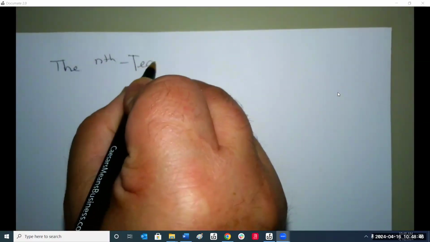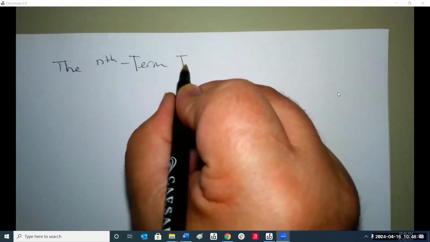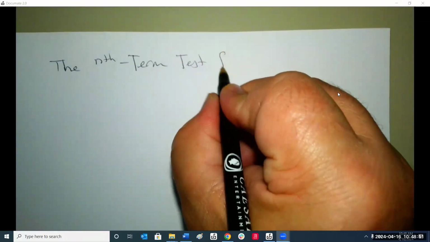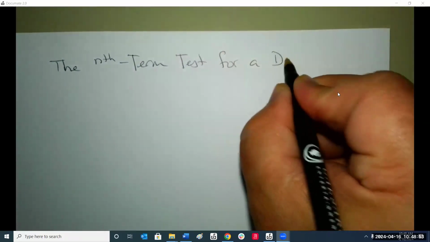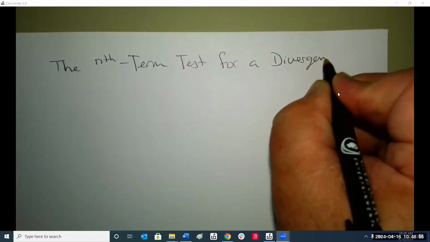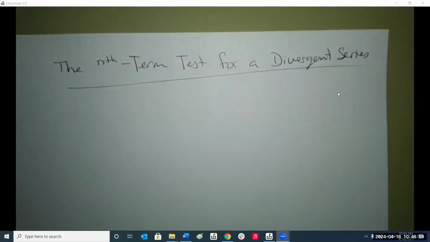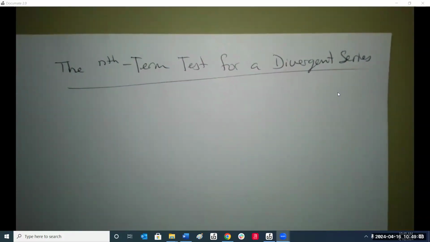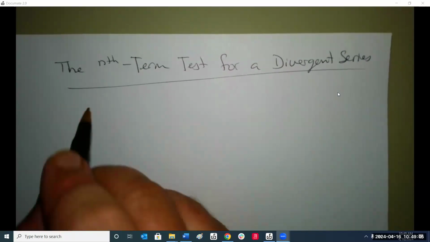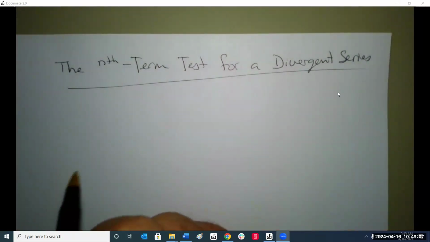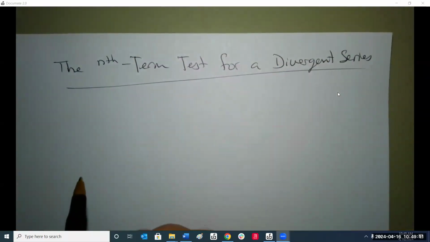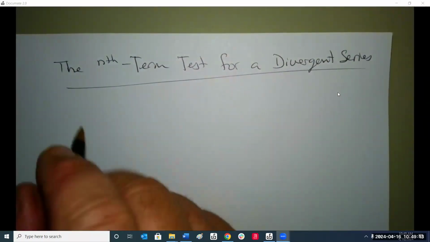The nth term test for a divergent series. Okay, so as it says, one reason that a series may fail to converge, may diverge, is that its terms don't become small, they increase.